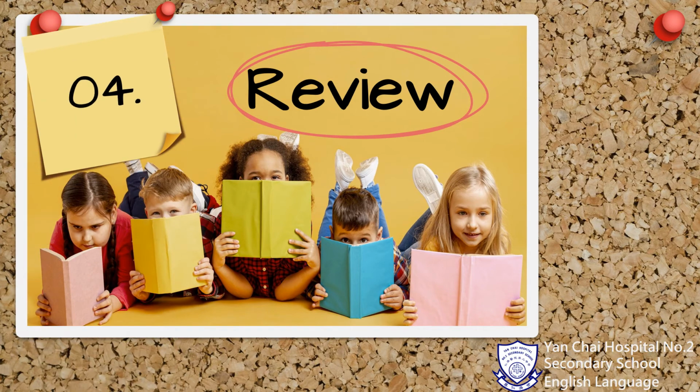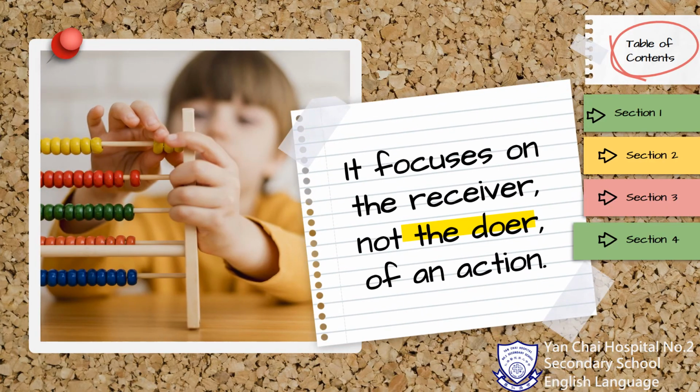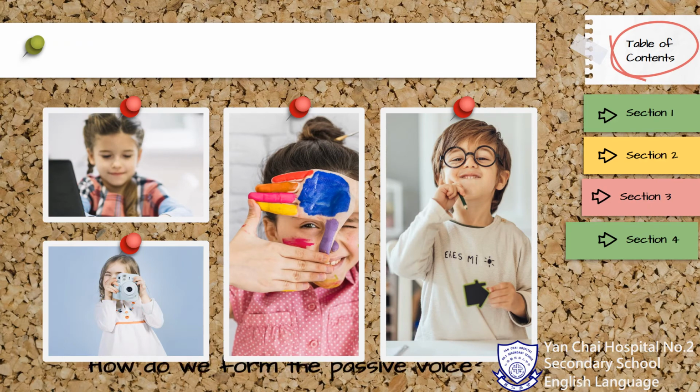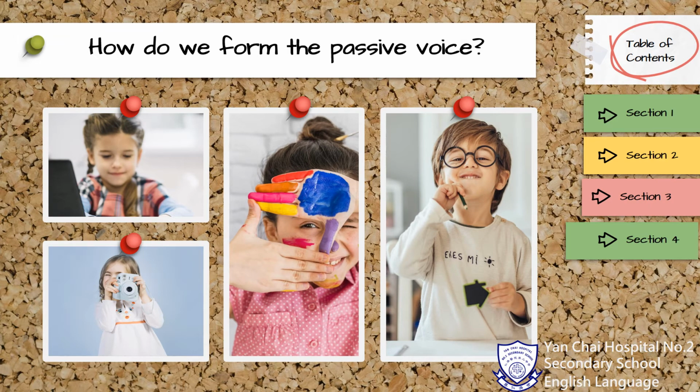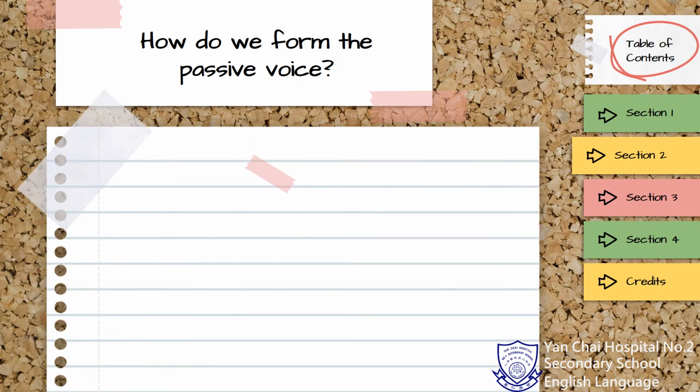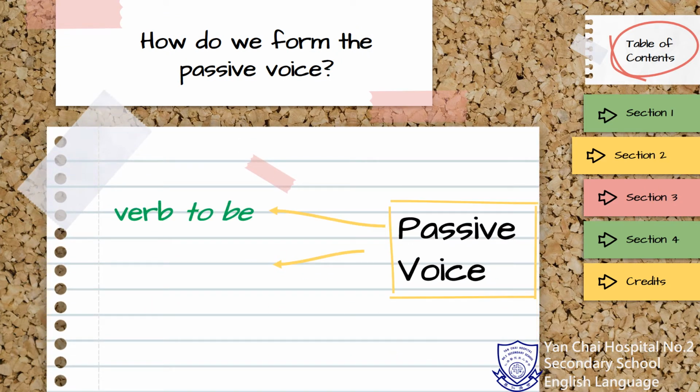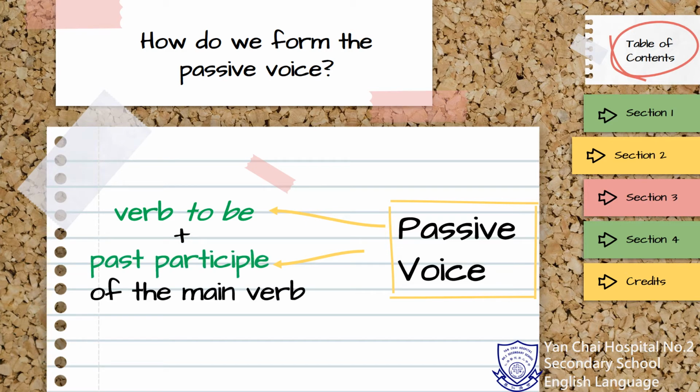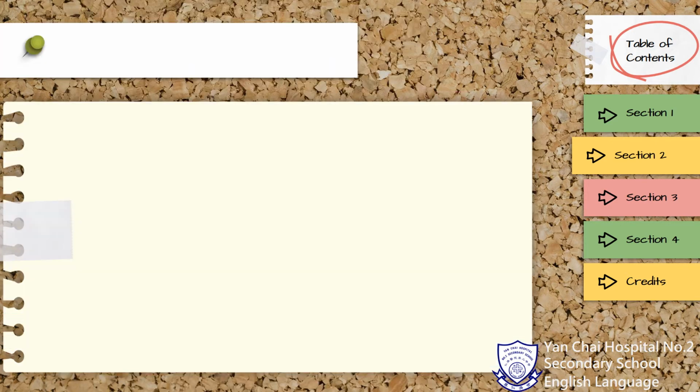Let's have a short review. So passive voice focuses on the receiver, not the doer of an action. So how do we form the passive voice? First, we have the verb to be and the past participle of the main verb.